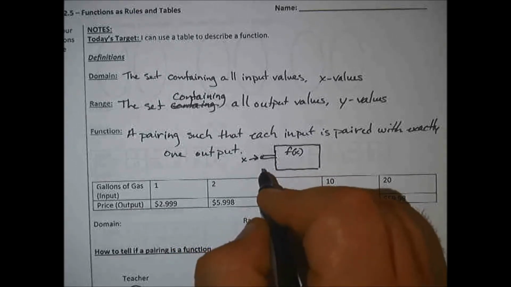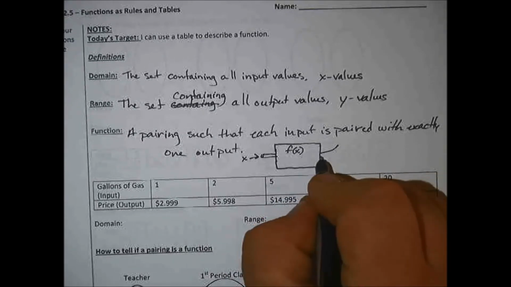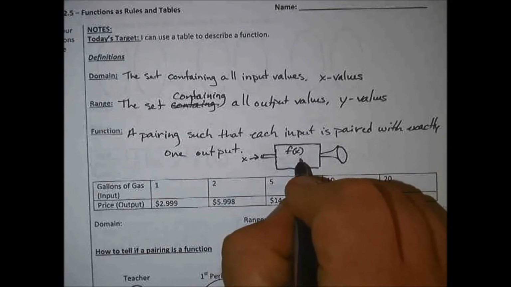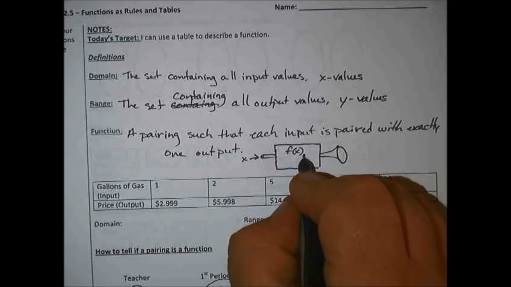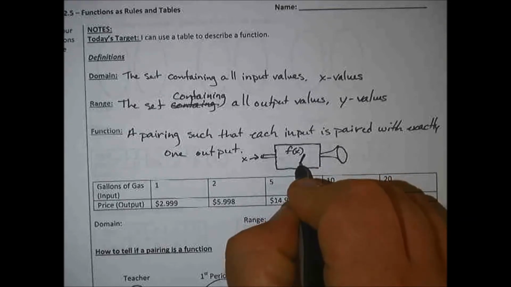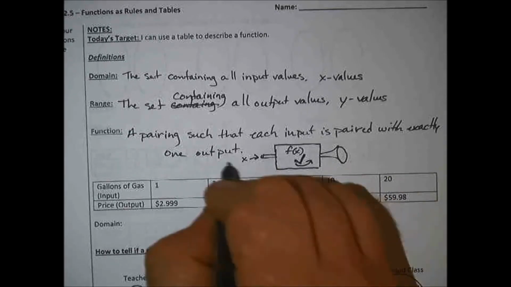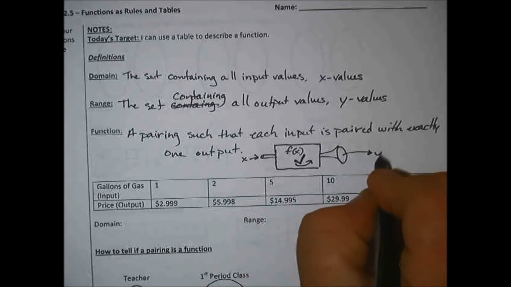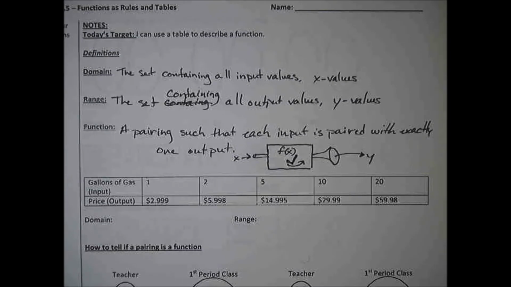Those are our inputs, and they go into the function. It's got this big old blowhorn on the other end, and it's got this little crank handle. We turn that crank around and around, and when we put that number in, it spits out another number. That's considered our output or our y.